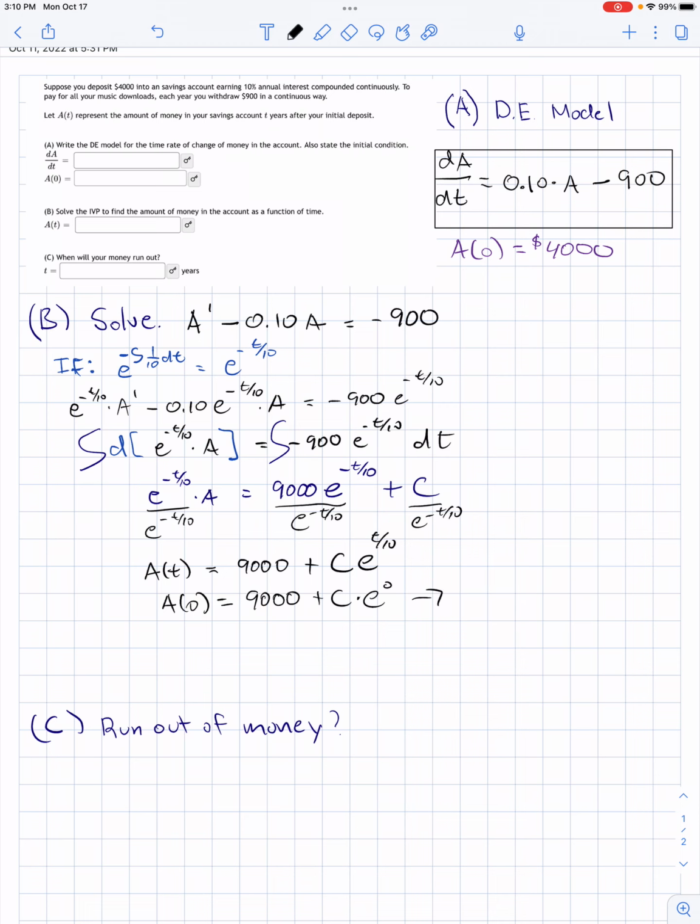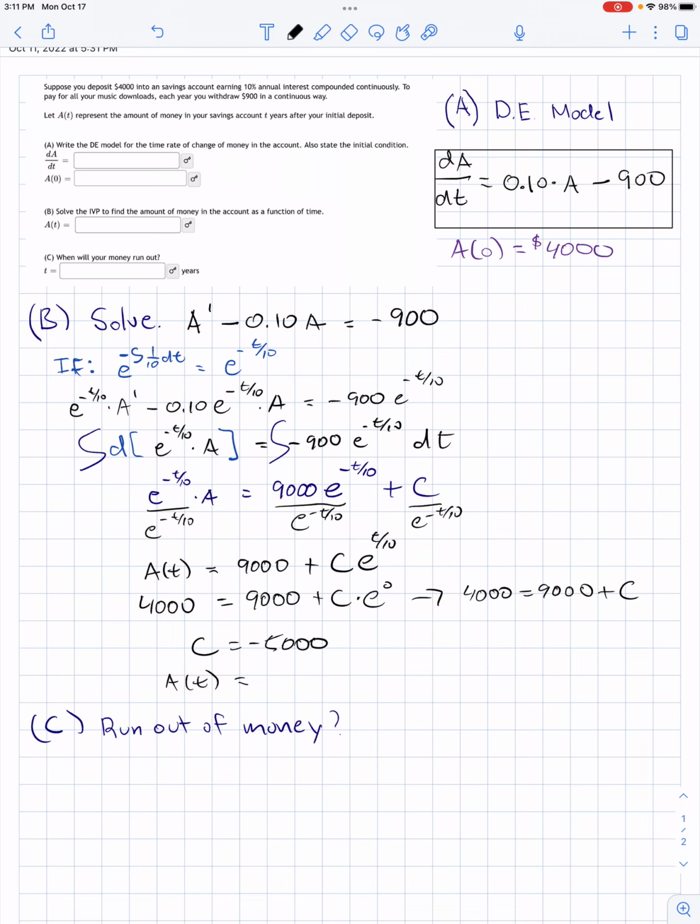Of course I made a little typo here, so let me write what that's supposed to be. $4,000 equal to 9,000 plus C times e to the 0, which is just 1, so you have 4,000 equals 9,000 plus C. Solving for C, subtracting 9,000 from both sides, you get negative 5,000.